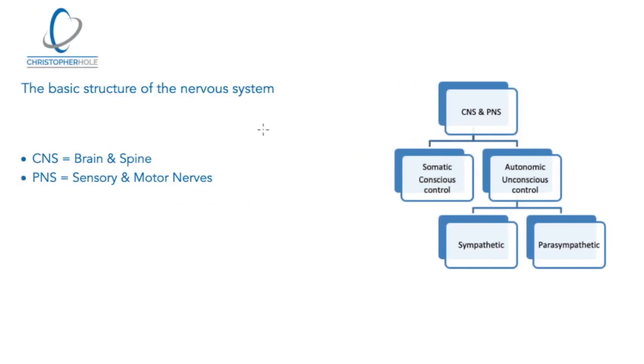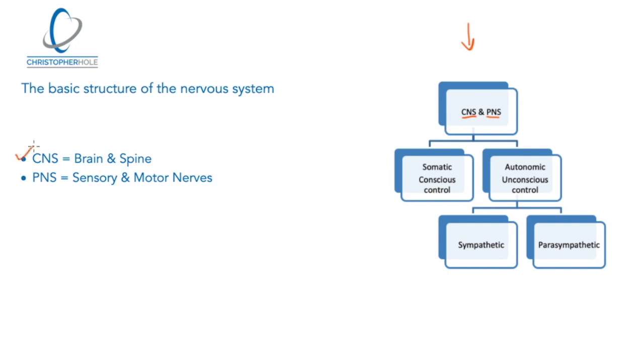The basic structure of the nervous system, and in some respects, the function of the nervous system, is encapsulated in this diagram here. So if we just go through the basic structures, as you can see here, we've got CNS and PNS. Now I'm going to be expanding on this as we go throughout this lesson.